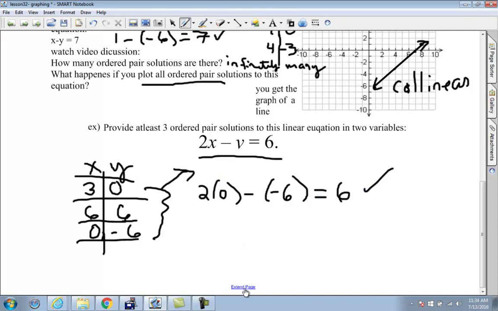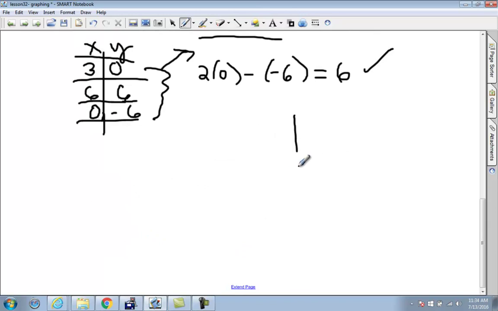Now, what I like to do, just as a visual check, and I'm just going to do a rough sketch, would they end up collinear? So 3, 0, 1, 2, 3, that's right here. 6, 6, 4, 5, 6. I'm just doing a rough sketch in my mind just to see that they're collinear. So over 6, up 6.